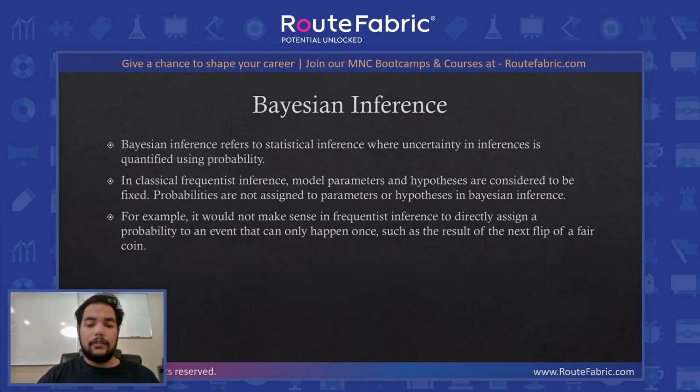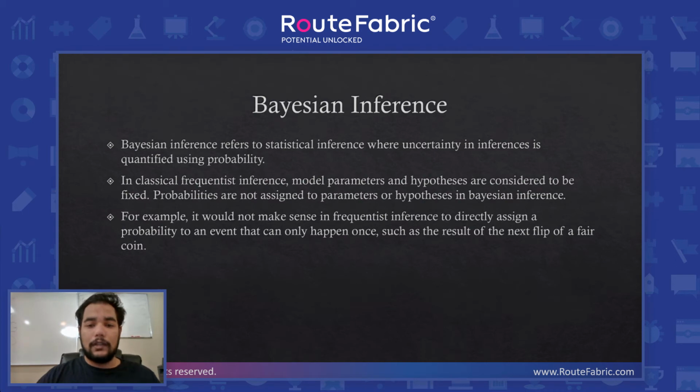In Bayesian inference, the model parameter and hypothesis are not fixed, unlike in classic frequentist inference. We assign probabilities to the parameters and the hypothesis. For example, it would not make sense in frequentist inference to directly assign a probability to an event that can only happen once, such as the result of the next flip of a fair coin.